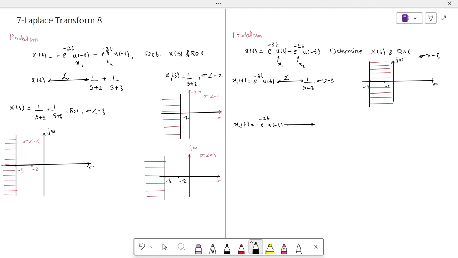Its Laplace transform equals 1 by s plus 2, but the region of convergence is sigma less than -2. So for this case, this is -2.